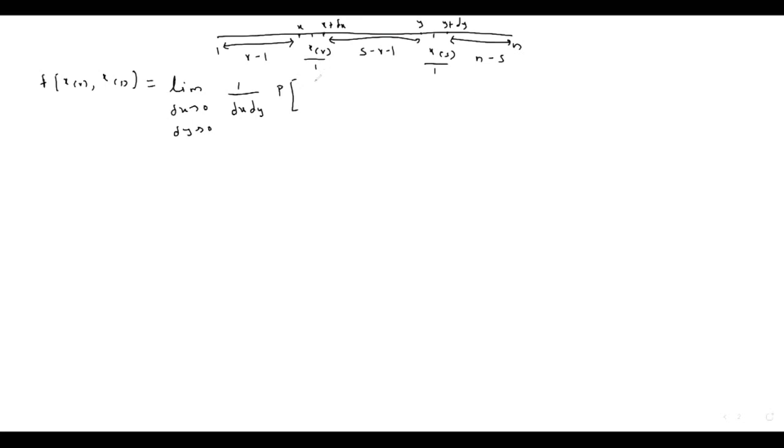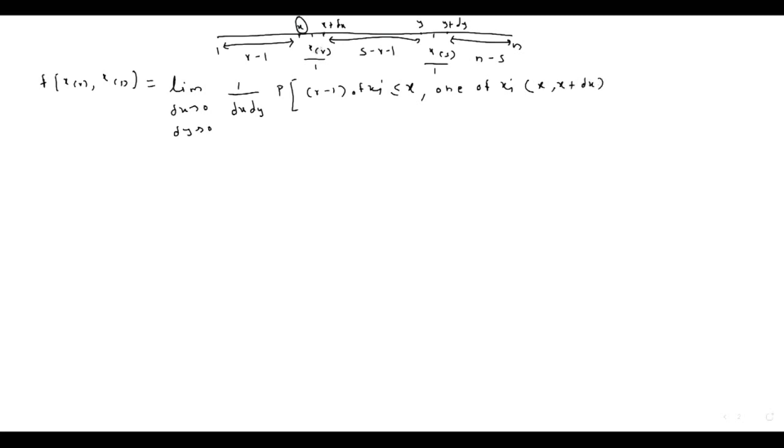So the first probability is r minus 1 of the xi, in this region. So r minus 1 of the xi is, obviously, less than or equal to which value? This value, that is x. Okay. So x. Then 1 of the xi is in between x to x plus delta x.